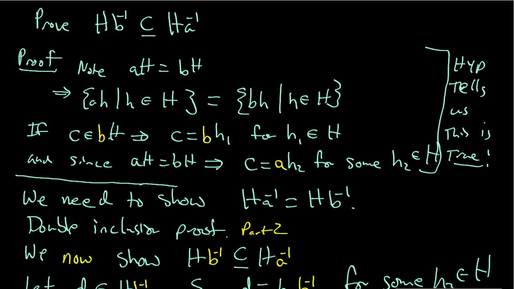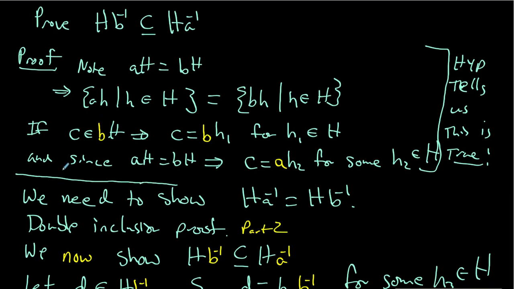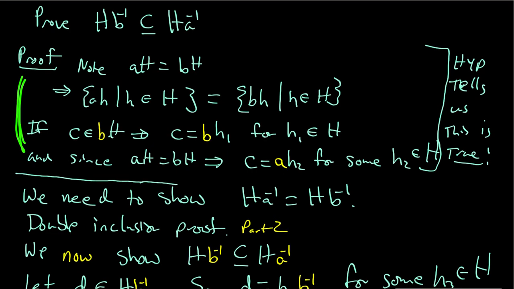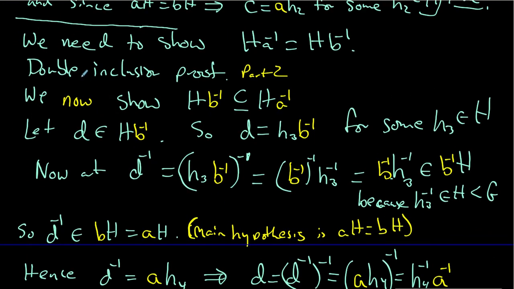In other words, we prove that the left coset BH is a subset of the left coset AH by essentially swapping the roles of A and B for each other. So we wind up having the same kind of hypothesis stuff. We wind up getting the same kind of setup for the double inclusion proof.